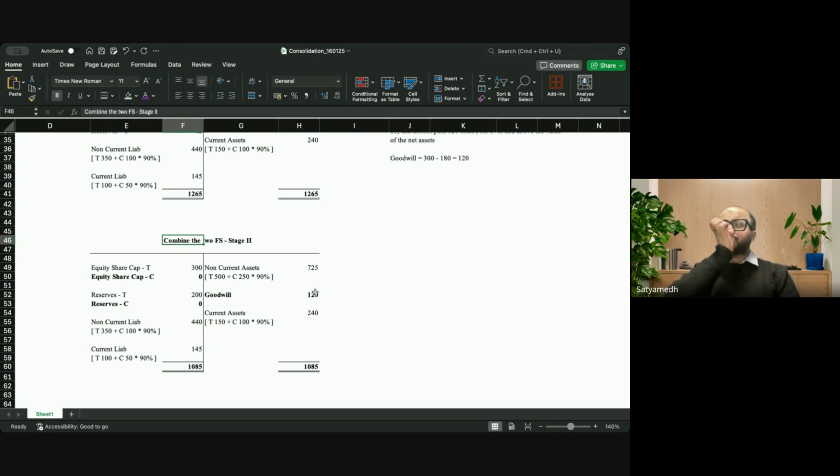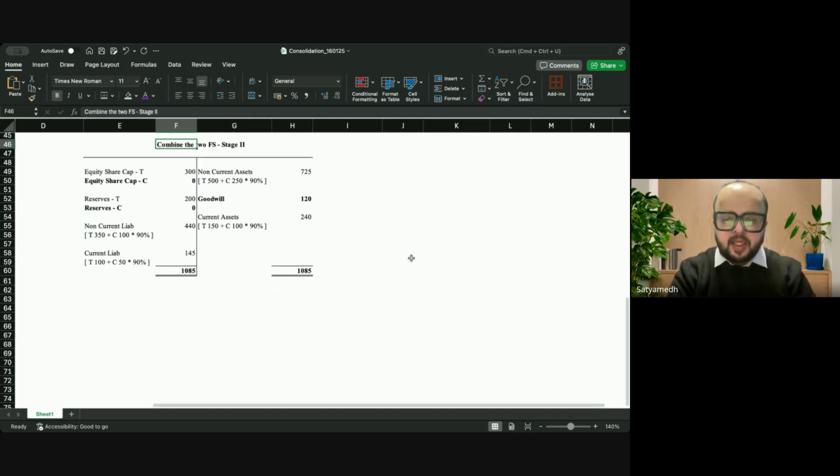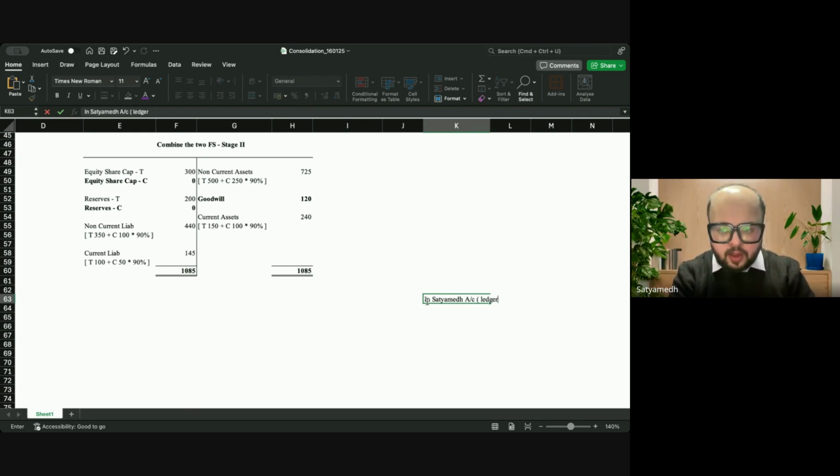What they expect from you is different. Now, let me give you a situation. If I tell you that there is an account called Satyamed account, and in it I want to see a debit of 90. Okay. Now, in Satyamed account, a simple ledger, I want to see a debit of 90.